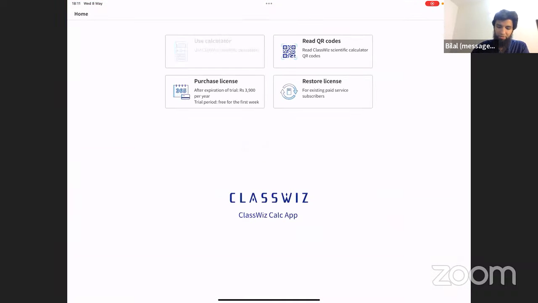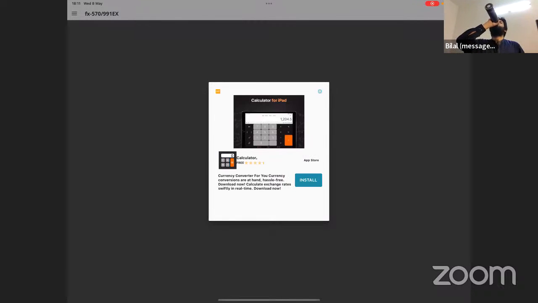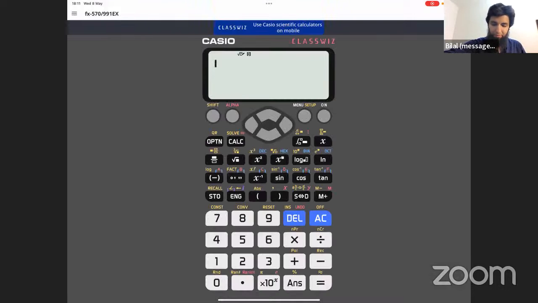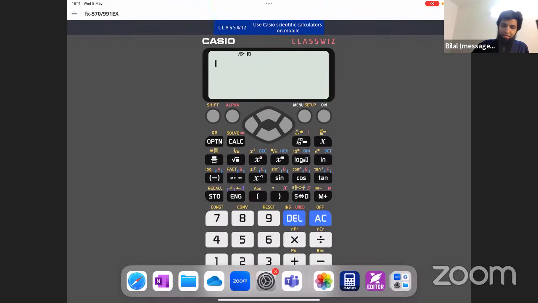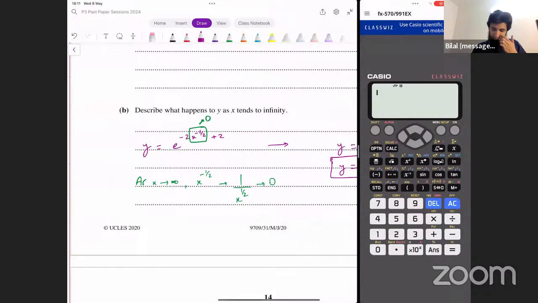Let me open this quickly. So on your calculator, you'll do something like this. Just put this function.